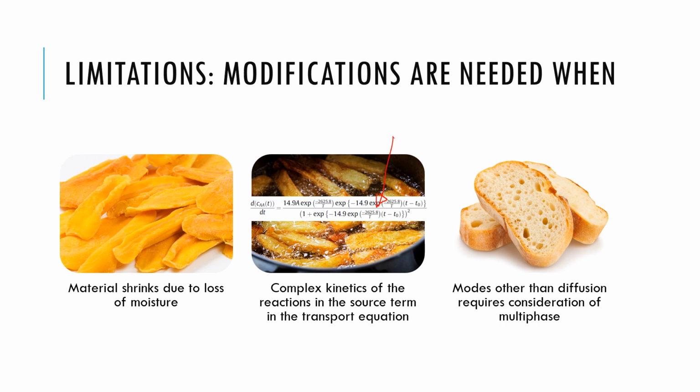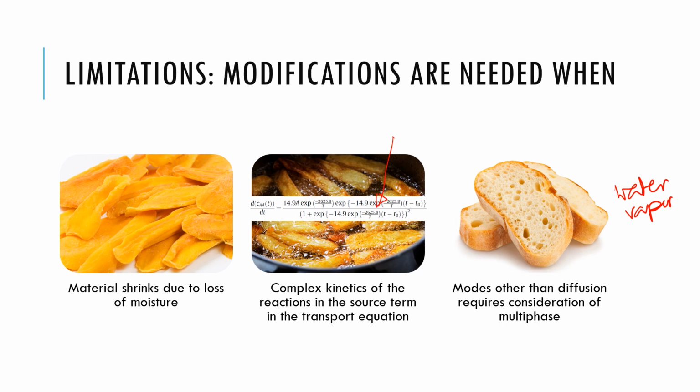And while pressure driven flow can be included as part of the fluid flow term, to be able to do this right, we have to think of the food as a porous media, and we also have to bring in additional phases. So for example, it will be water and vapor. That kind of situation would need some sort of averaging, because as you can see, there are pores and so on.